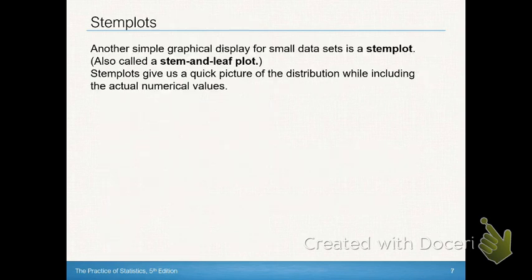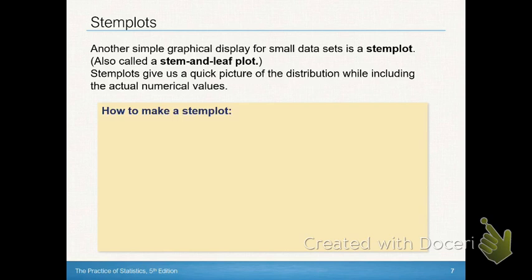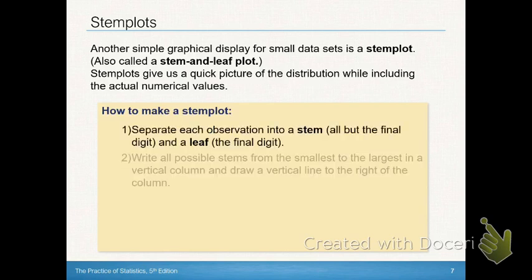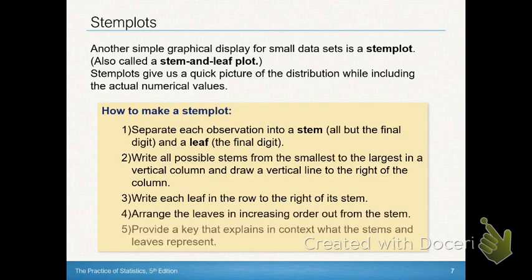Another option for displaying quantitative data, in addition to a dot plot, is a stem and leaf plot. You might remember these from middle school or earlier. When you go to make a stem plot, you're going to somehow break up the numbers.